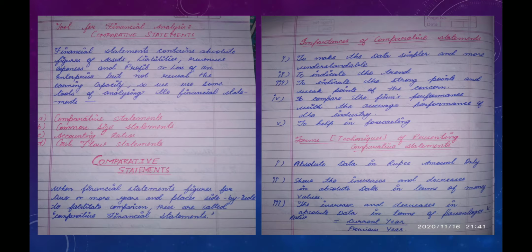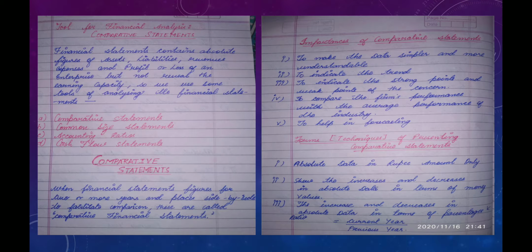So we use some tools for analyzing the financial statements of the company: comparative statement, common size statement, accounting ratios and cash flow statement. There are many more methods, but in this book you have to study only these 4 methods.